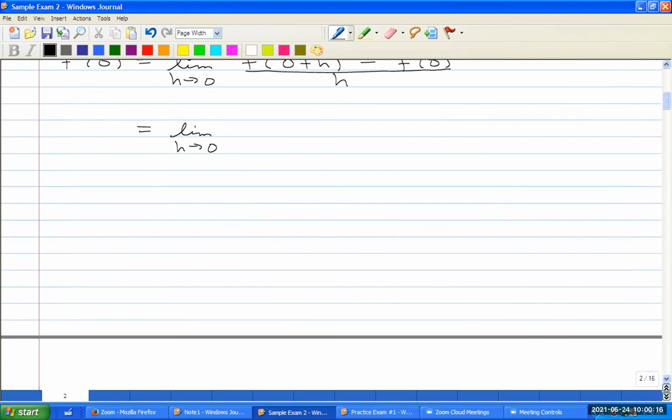So this is negative sine 1 over h. And f of 0 is 0.